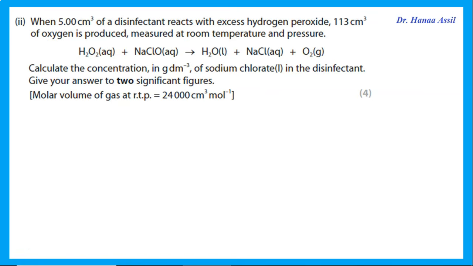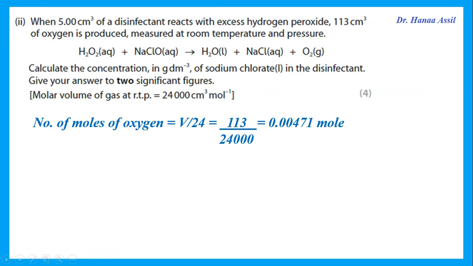Okay, so the 113 centimeter cubed of oxygen, the first thing we need to do is get the number of moles. So number of moles is volume over 24, of course, because he said measured at room temperature and pressure. So this is the number of moles of oxygen.